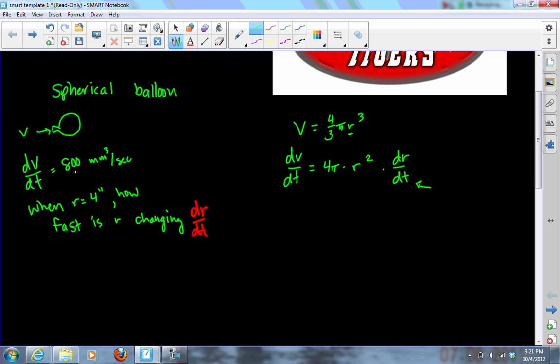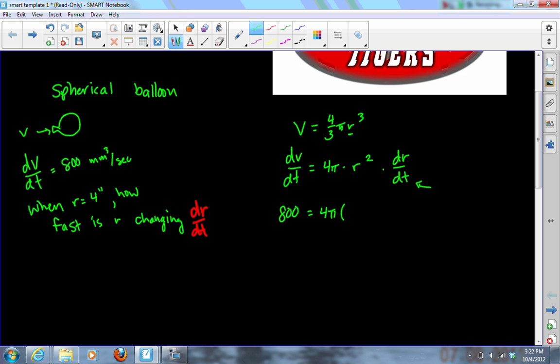I know that dV dt is 800, so this should be positive 800 because air is going in the balloon. If this problem said something about a balloon losing air, then dV dt would be negative 800. Similarly, dr dt is what I'm looking for, and my radius is increasing, so the rate that the radius is increasing should be a positive number at the end.